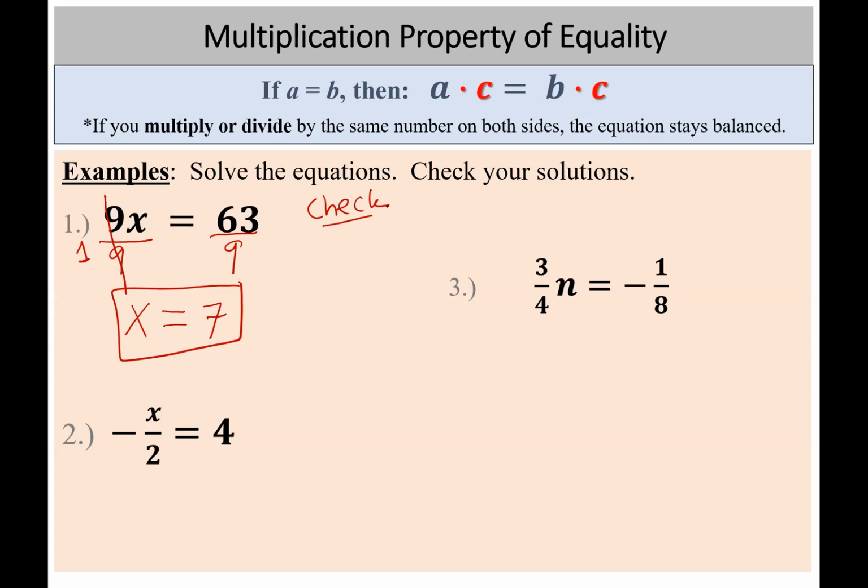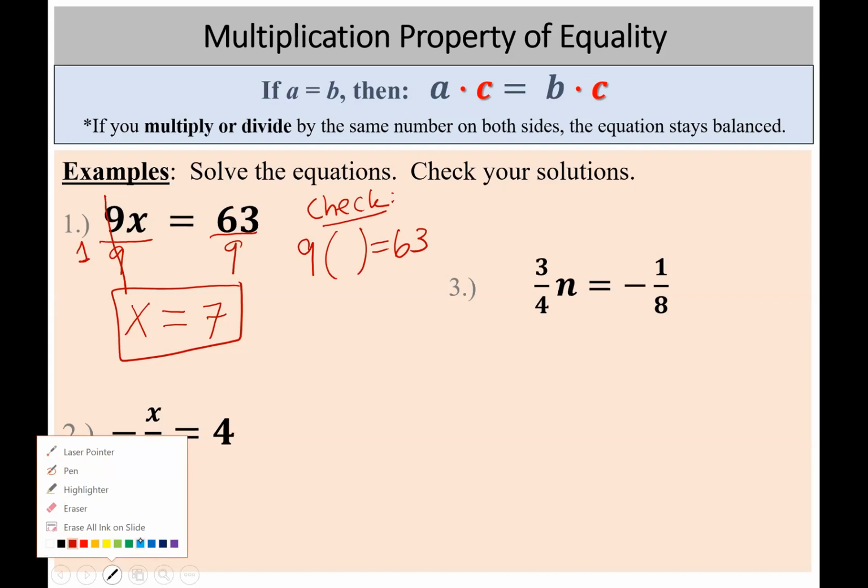Now we can do a quick check here. Checking that solution of x equals 7. I will rewrite the equation, but instead of 9x, I'm writing 9 parentheses 7. In other words, 9 times 7.